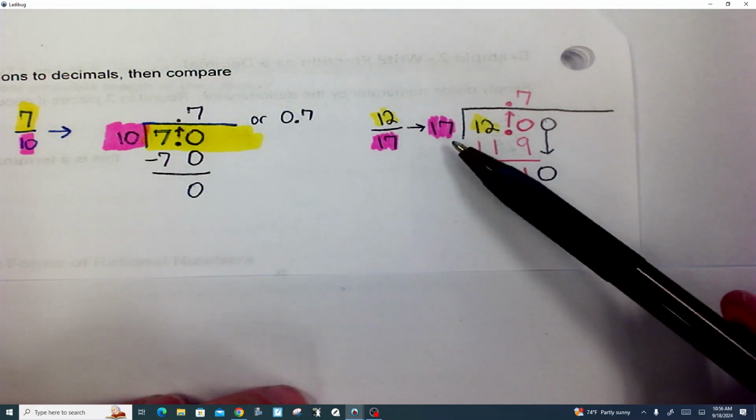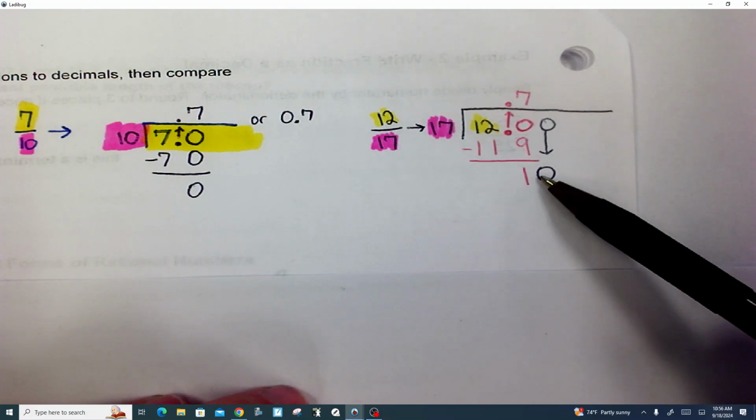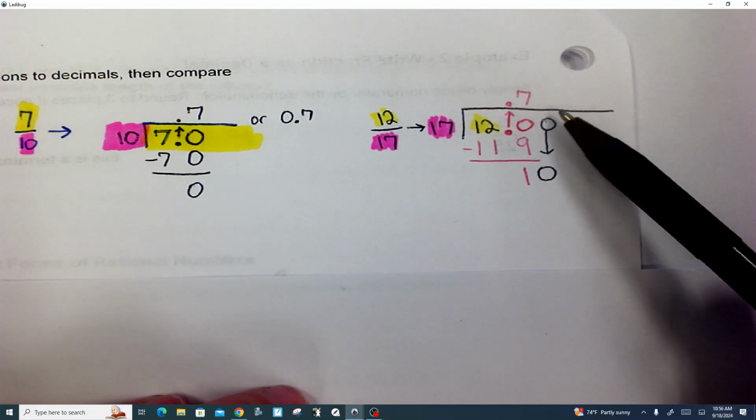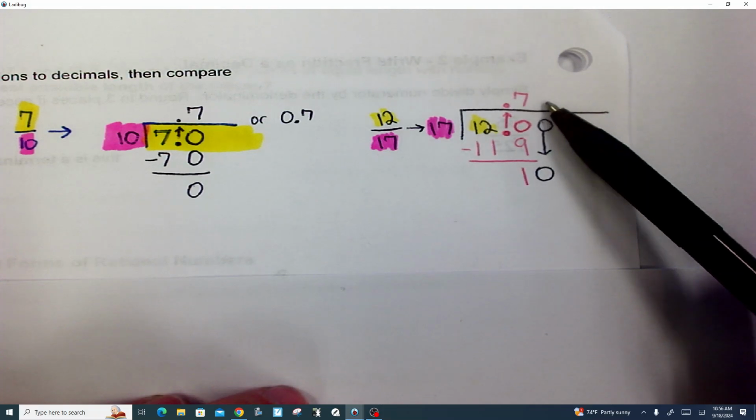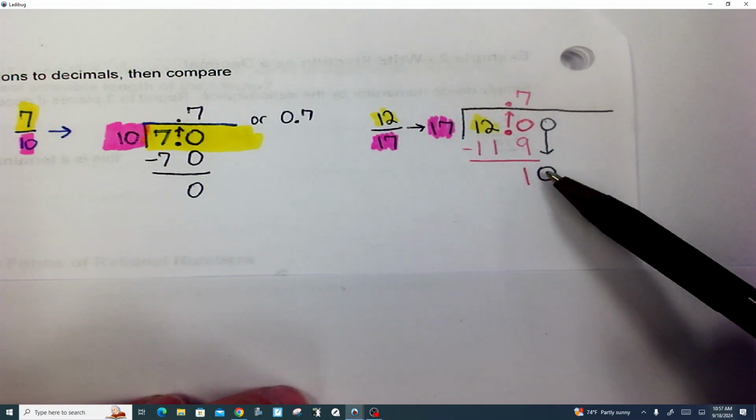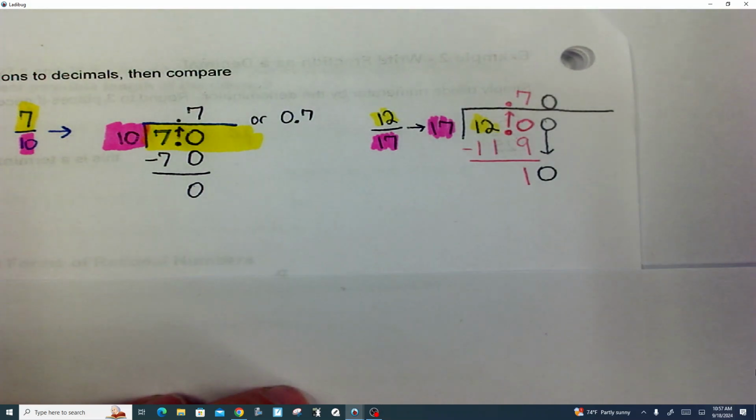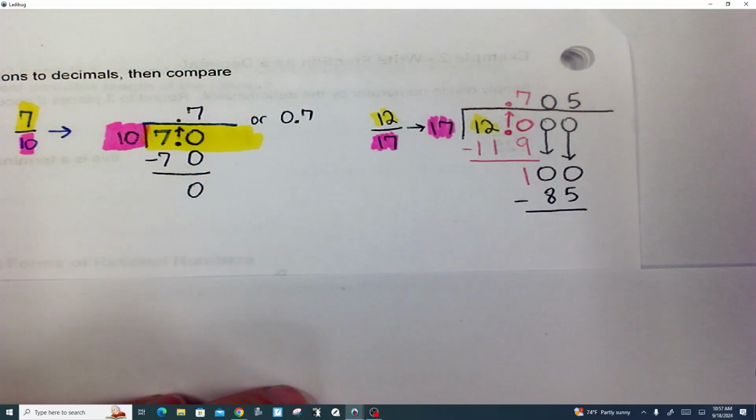In this particular case, 17 cannot go into the 10. So we're just going to put a 0 right here to say, hey, 17 can't go into 10. But we still have something left over, so how about we add another 0 and bring it down? And here we have 17 being able to go into 100 5 times. So 100 minus 85 leaves 15 left over.